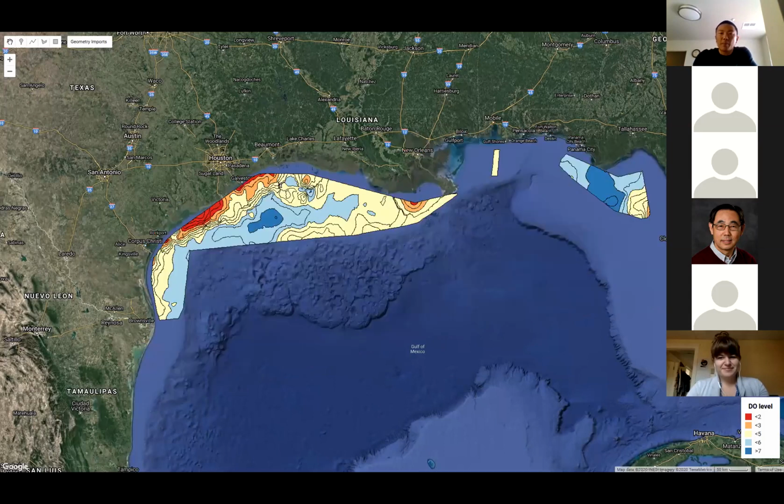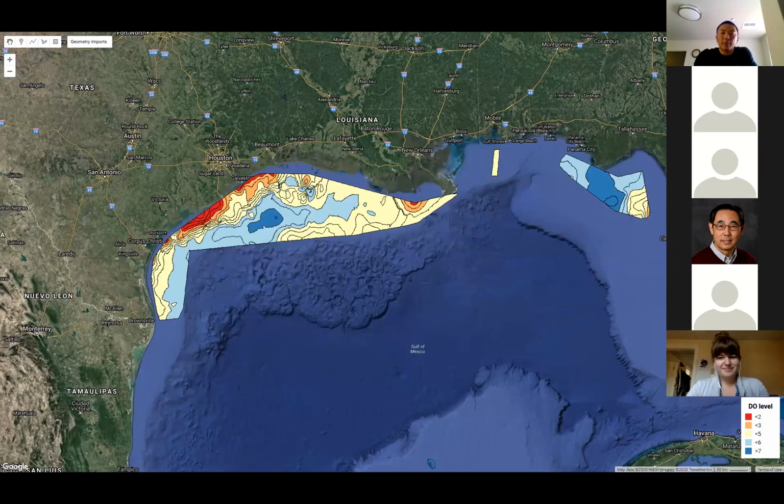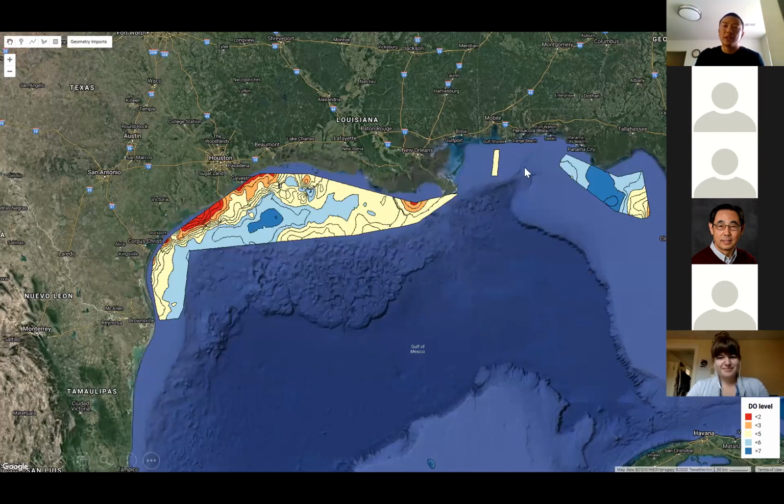After we compared with the result from Louisiana Professor Nancy Rabalais's group, you can see some pretty good overlap, but you can also find our method can detect areas pretty well. For example, here, they didn't have any sampling point there.